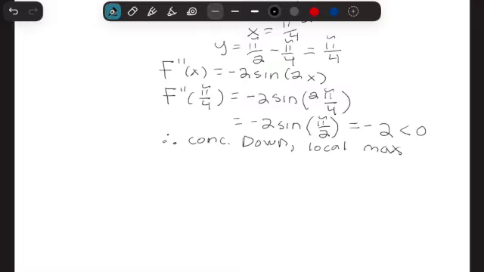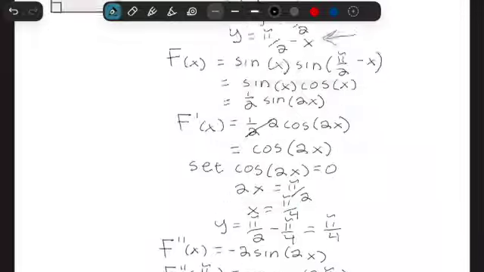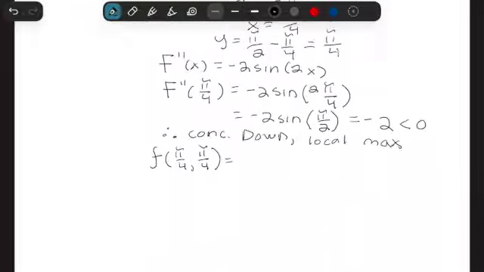All right, so now let's plug our critical point back into our original equation. So we have f of pi over 4 equals sine pi over 4 times sine pi over 4.